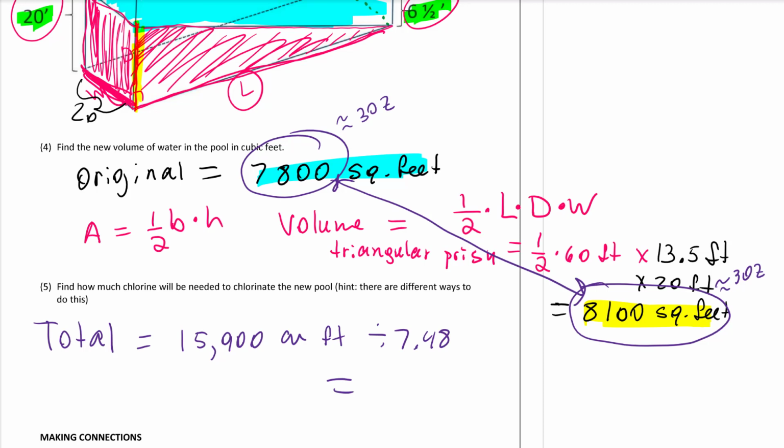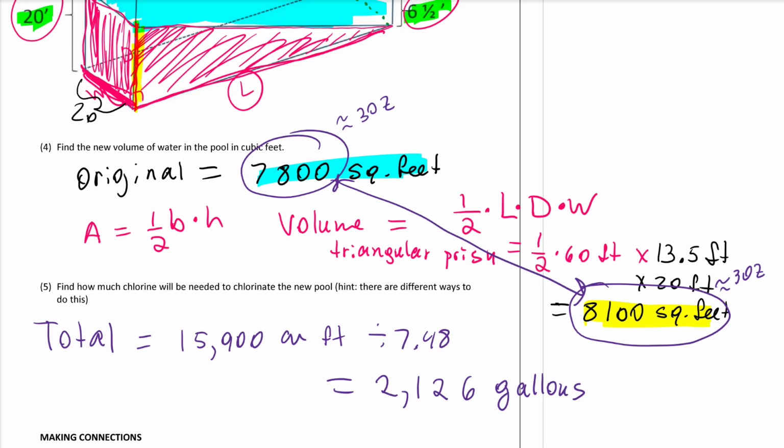Let me grab my calculator. That gives us 2,126 gallons. And as you can see, that's about twice as much as 1,000, because it was 1,000 before. Now it's about twice as much, so that's why we should use twice as much chlorine.